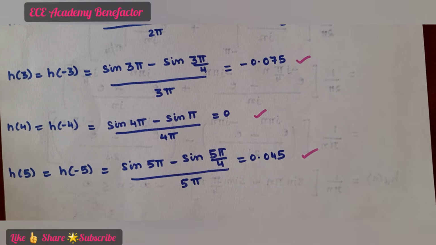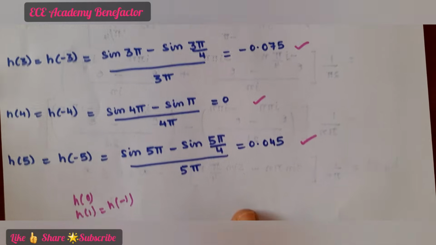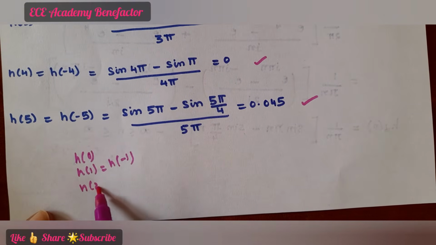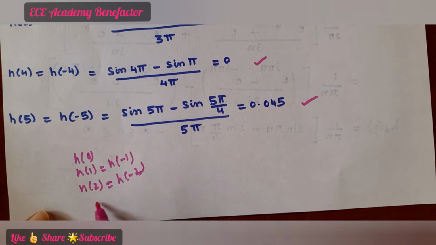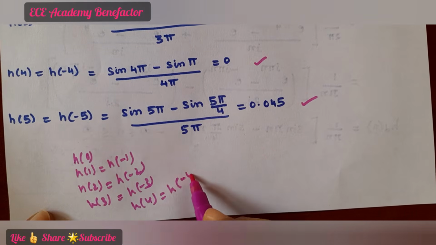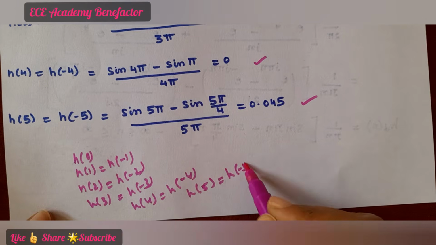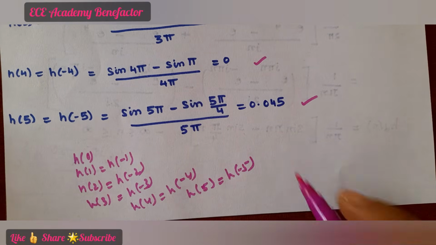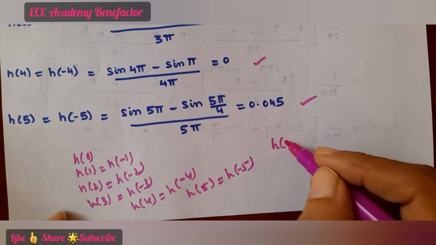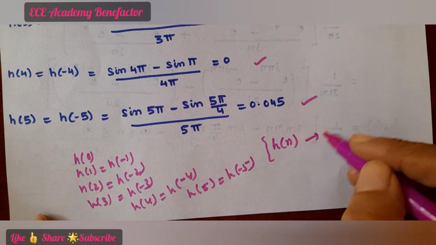So, by this we completed computing h of 0, h of 1, h of 2, h of 3, h of 4 and h of 5. So, we got the h of n values, the truncated impulse response. Next step is to find h of z.